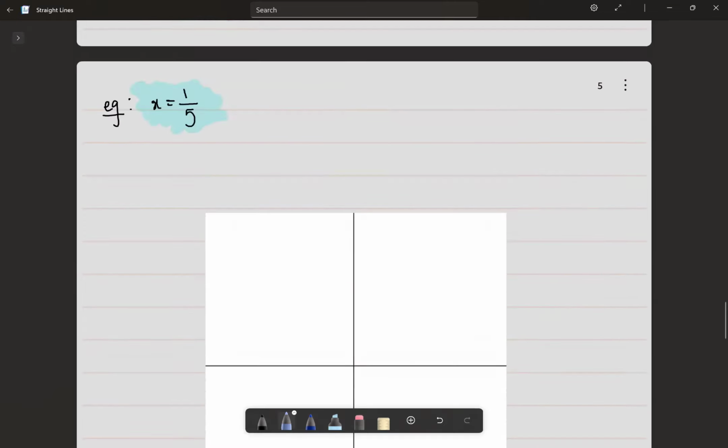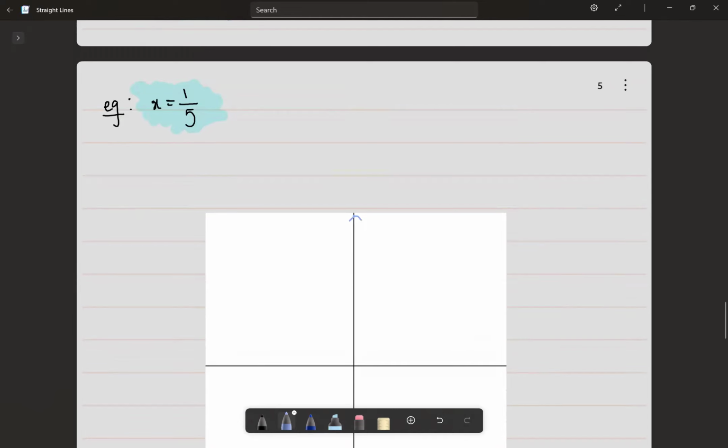We have another example of x is equals to 1 by 5. Now, if we consider this line, x is equals to 1 by 5 means in all points of the graph, the x coordinate will be 1 by 5. The y coordinate can be any other point.